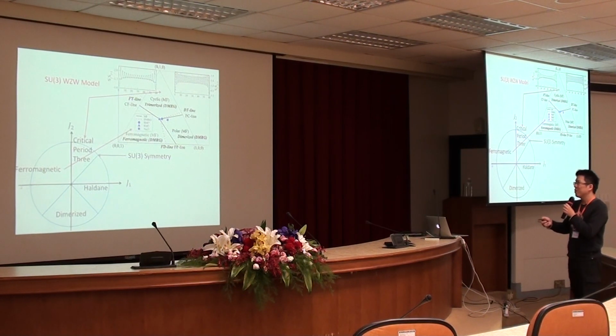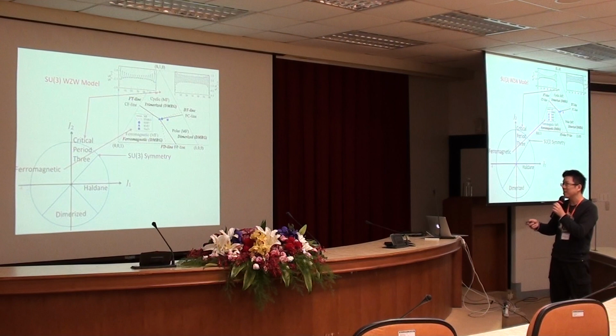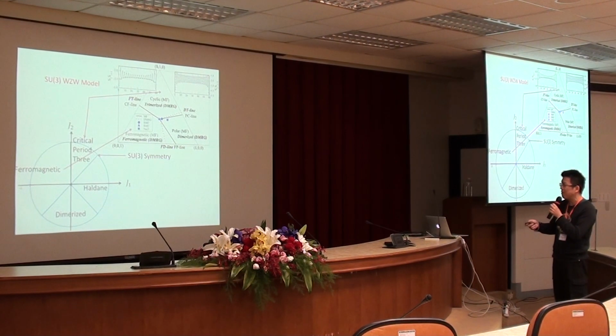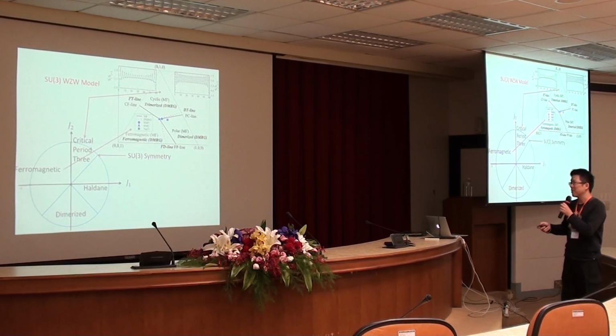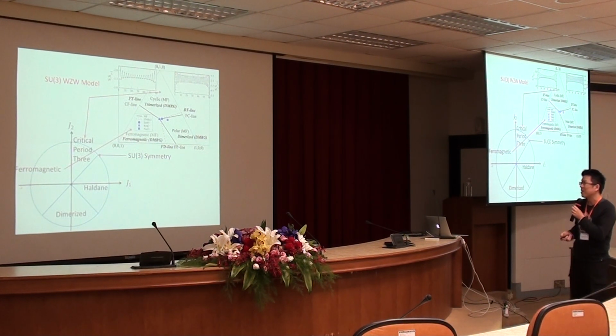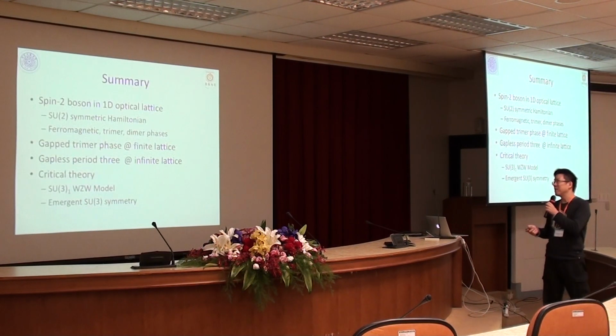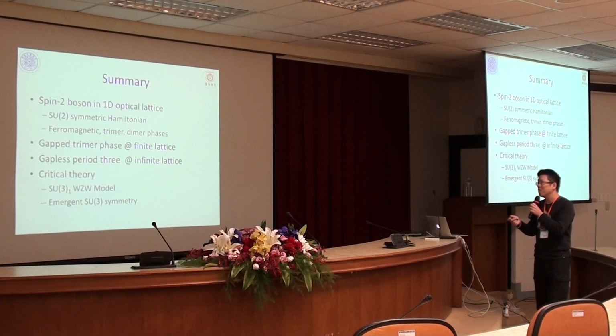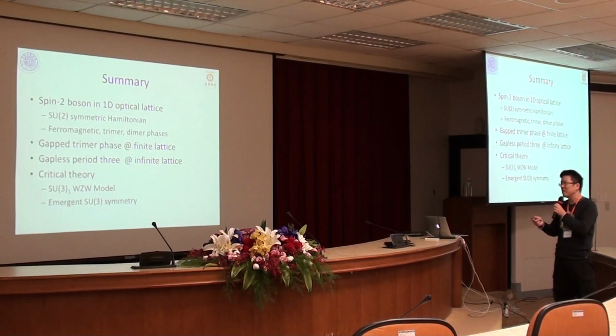Our phase diagram, you can think about it compared to the spin-1 bilinear-biquadratic model, which also has a ferromagnetic phase, a dimerized phase, and a critical period-3 phase. So in our spin-2 model, we also have a ferromagnetic phase, a dimerized phase, and the trimer, critical period-3 phase. To summarize, we studied spin-2 bosons in a 1D optical lattice, which has an SU(2) symmetric Hamiltonian.